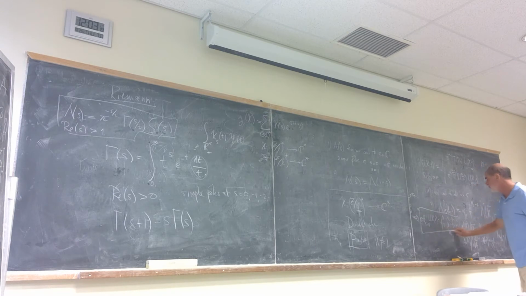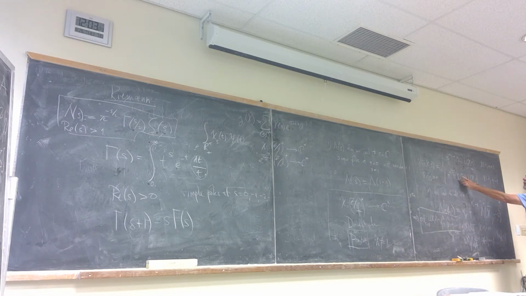Because on the other hand, in this case, this is perfectly okay at s equals 0. You get gamma of a half, which is square root of pi. So in this case, this is non-zero at s equals 0. In this case, this is 0 at s equals 0, and its derivative is non-zero. Okay?